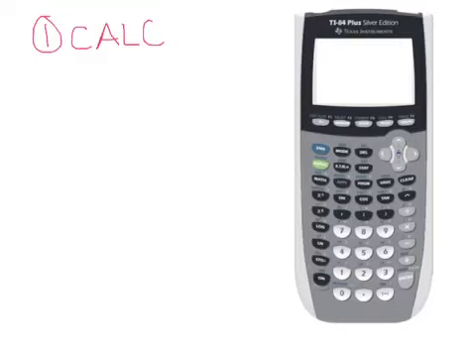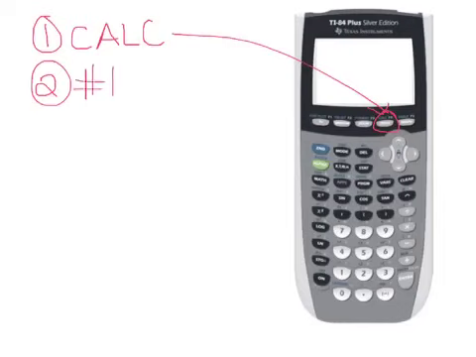So since I have my equation already in Y equals and my scatter plot on my graph, I can calculate the number of bacteria after 24 hours. So if I go to this calculate menu right here above the trace button, for step number 2, I would choose number 1, which is value.